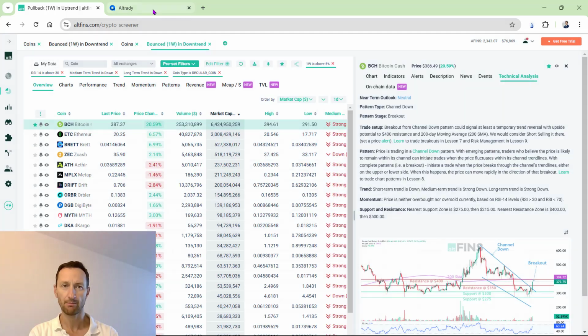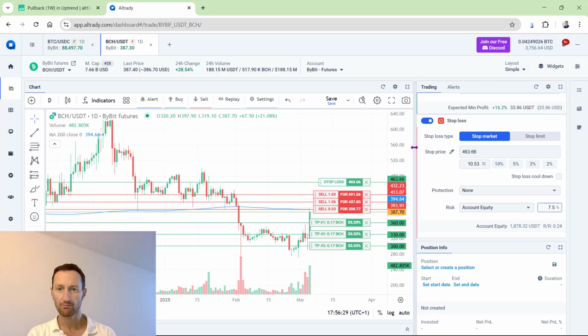I'd say there's another minor resistance area. So if it breaks above that, then I have to admit I was wrong. So stop loss at 460 is fine, but I don't want to risk 7.5% of my portfolio.